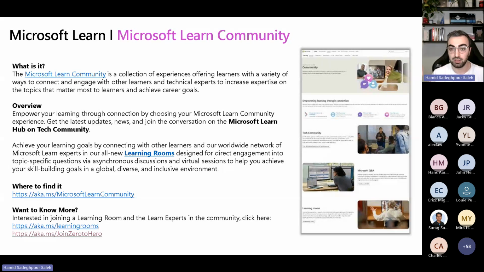For instance, hey, I'm a community hero, or hey, I got this badge. That will help you go to the next level of networking and connect with people deeper in this field, in the Microsoft world, with Microsoft Learn people, with MVPs, RDs, which are regional directors, and Microsoft employees as well, which will eventually help you have a better network of people.